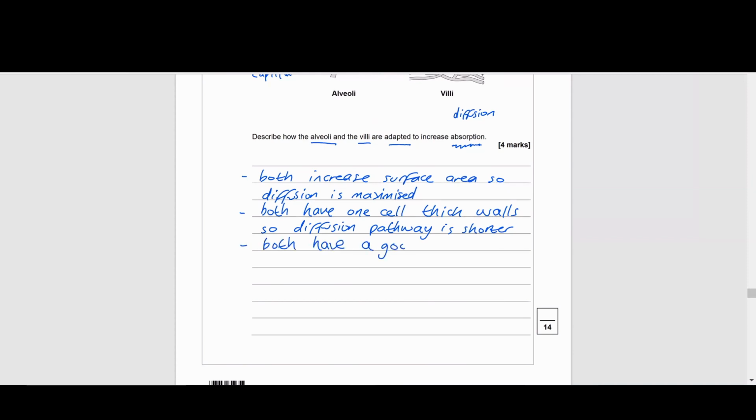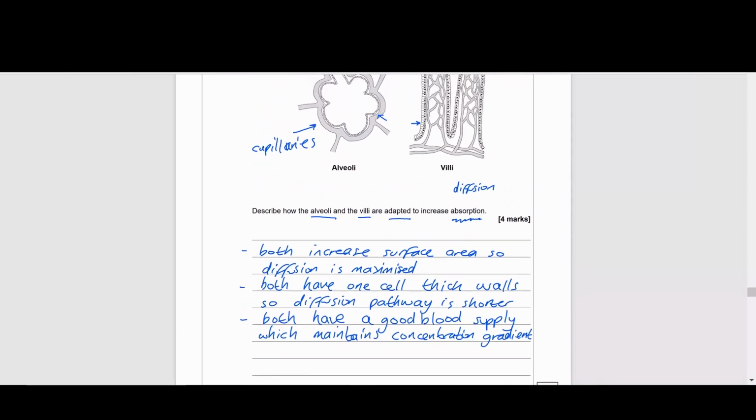Both have a good blood supply, which means they have a network of capillaries surrounding them or next to them. This maintains the concentration gradient. So there's always a steeper concentration gradient, so that means diffusion will continuously occur.